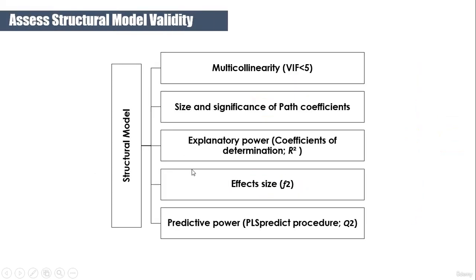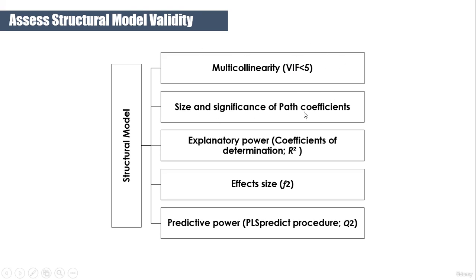So these are the criteria that we in general use in order to estimate our structural model validity. First of all, the multicollinearity among the exogenous constructs. That means the VIF should be less than 5, which we already determined in SPSS. If you do not calculate those in SPSS, you can use Smart PLS, which will also give you the results.